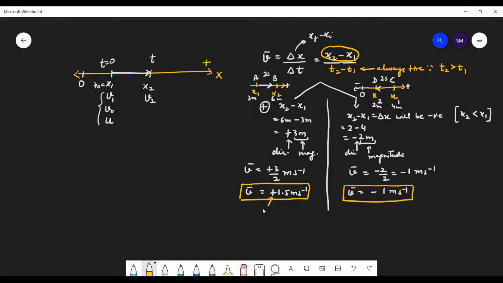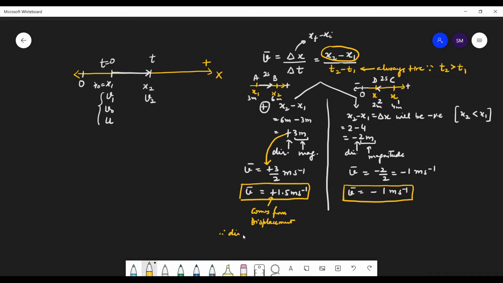This positive is telling you the direction, because you get this positive here due to the direction of displacement. And displacement is telling you the direction. So this plus actually comes from displacement. So the direction of displacement is the direction of velocity.